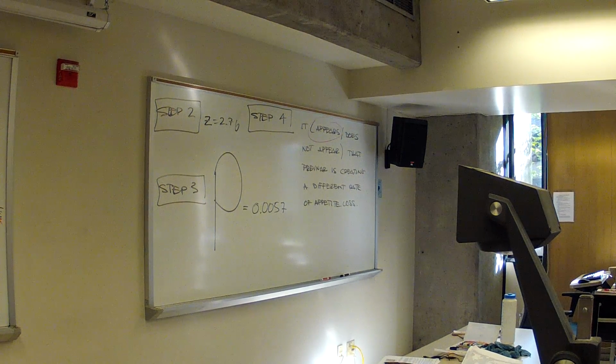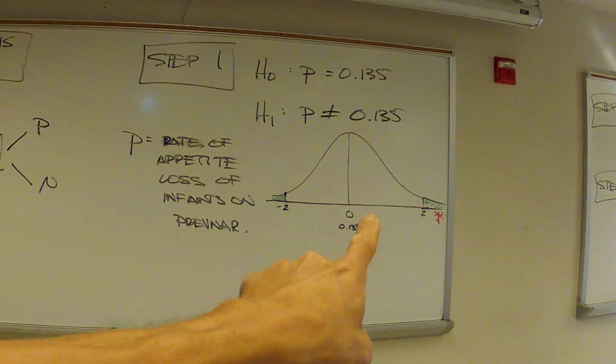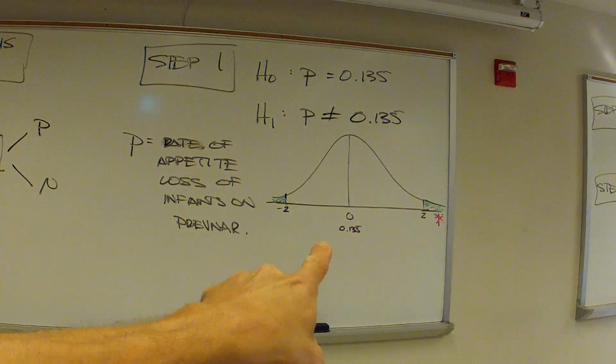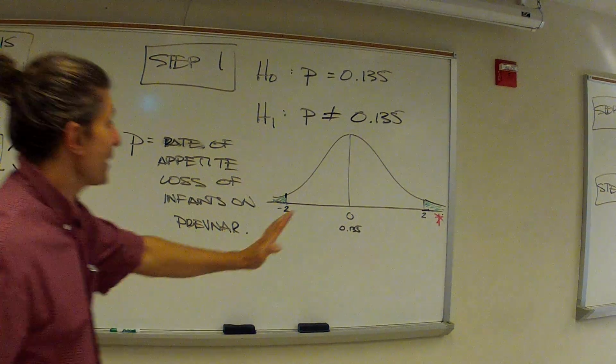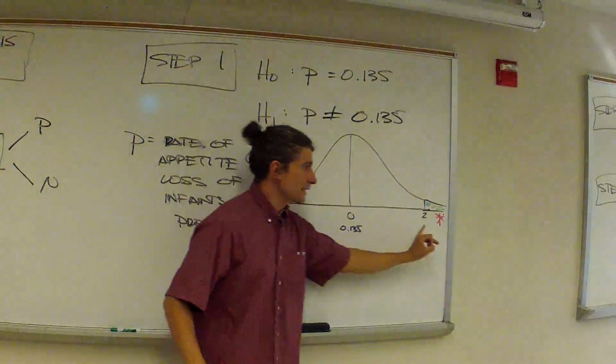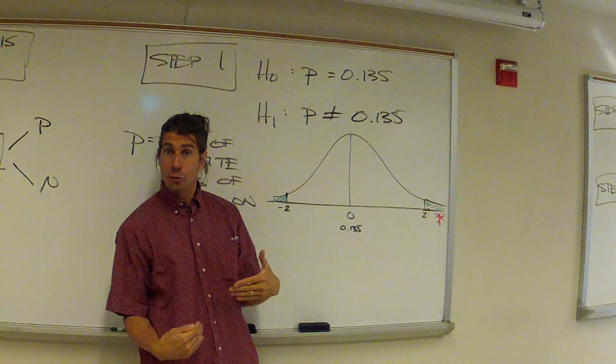Now, let's go back to this. Let's reverse engineer it back to the beginning. Here is our null curve, right there. That center right there, 13.5%. Now, I don't actually have what the percentages would be, that would be too high or too small.